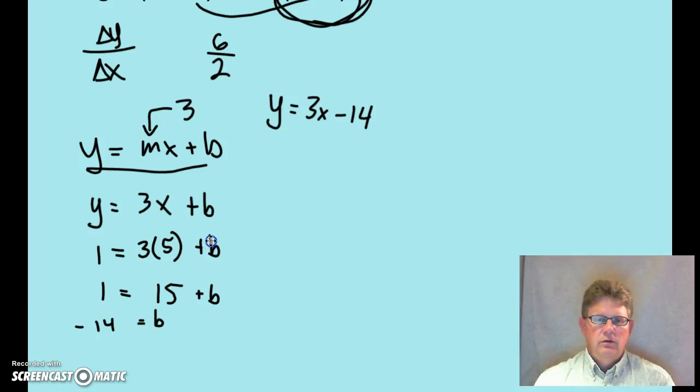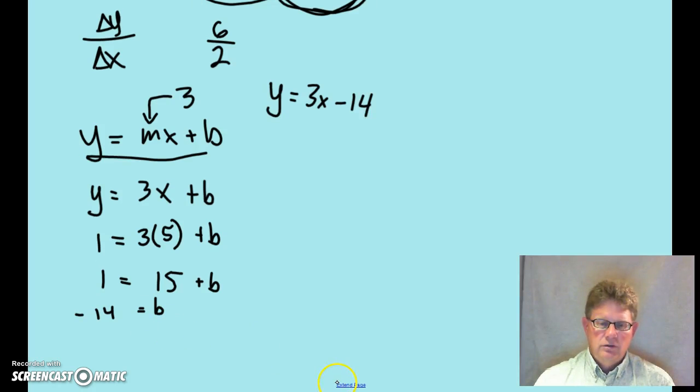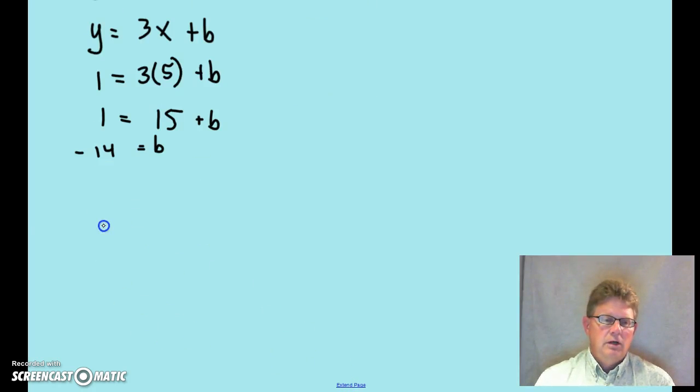And that's how you do it. There is another way, called point-slope form. I have people in my circles that say, don't you dare even show them, but I'm going to do it anyway. Point-slope form is y minus y sub 1 equals m times x minus x sub 1. Again, we use the point (5, 1).